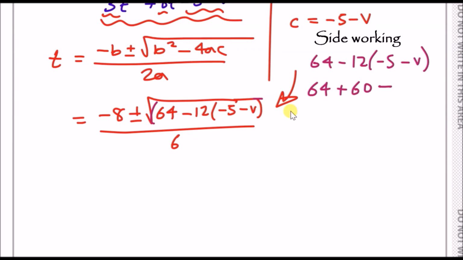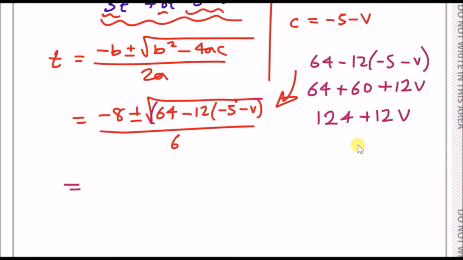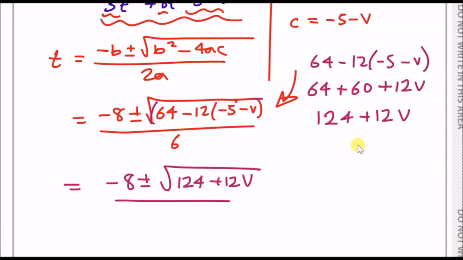And then minus 12 times minus v is plus 12v. Okay, so that actually went quite good. And tidying this up, 64 plus 60 is actually 124 plus 12v, so we have minus 8 plus minus the square root of 124 plus 12v, over 6.